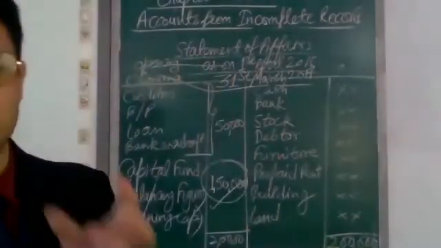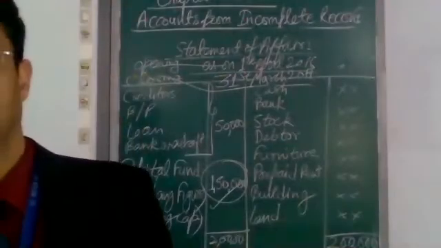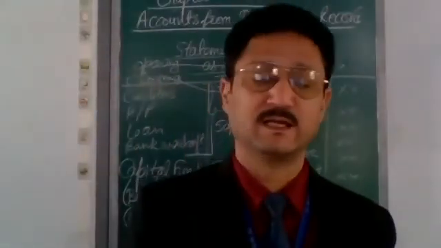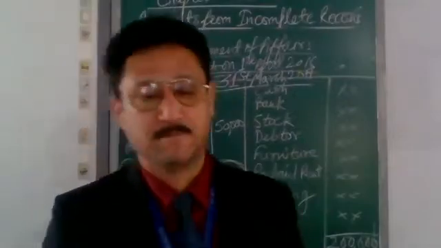Once the opening and the closing capital are known, then with the help of the statement of profit, you can calculate the profit earned by the firm during the year.